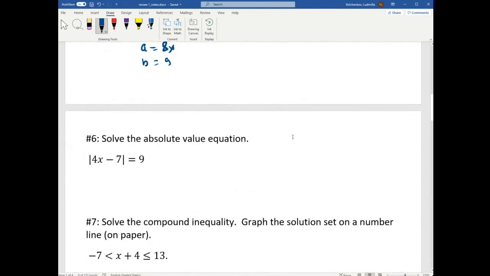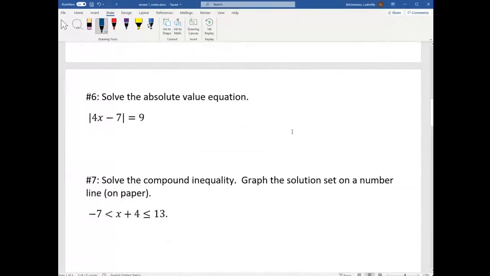The absolute value equation. Remember that if we have an equation absolute value of y equals 3, it means that y can be either 3 or y can be negative 3.